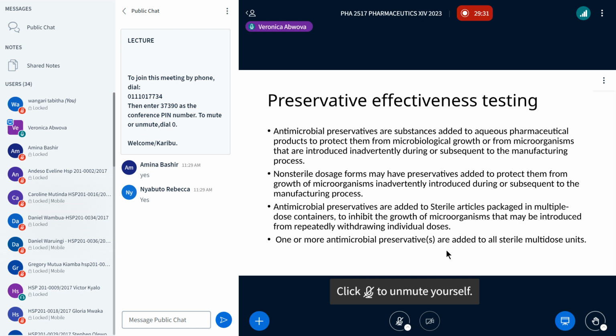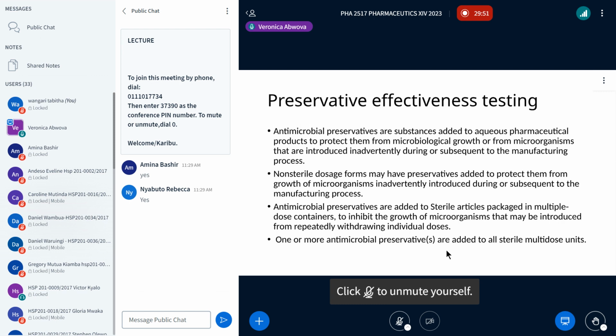So antimicrobial preservatives, remember we said they are substances added to aqueous pharmaceutical products to protect them from microbiological growth or from microorganisms that are introduced inadvertently during or subsequent to the manufacturing process.